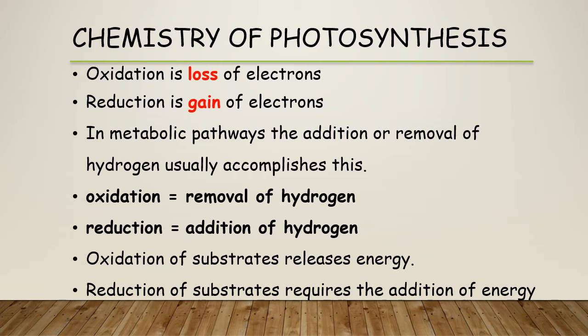Oxidation normally releases energy, whereas reduction requires the addition of energy. And we've seen that already in metabolic pathways and respiration. And one thing to remember there, the oil rig term, so oxidation is loss, reduction is gain. So we're going to talk about that as we go through photosynthesis.